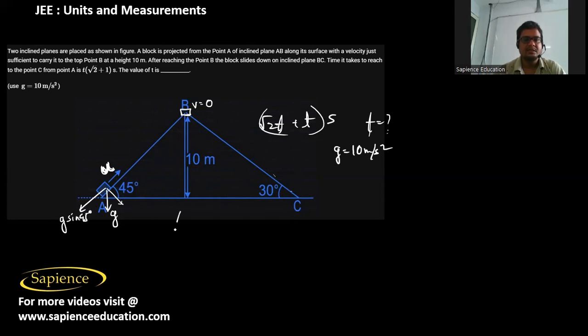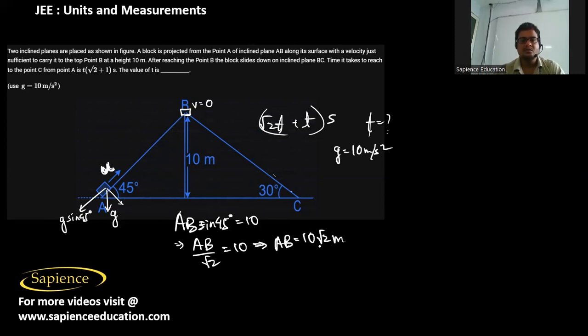And this length AB will be equal to 10. So AB sin 45 is 10. So AB by root 2, that is 10. So AB will be equal to 10 root 2 meters. 10 root 2 meter is the distance from A to B. So this 10 root 2 meters will be equal to s displacement, which is equal to ut.